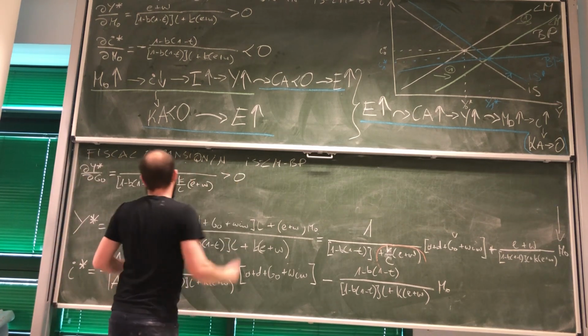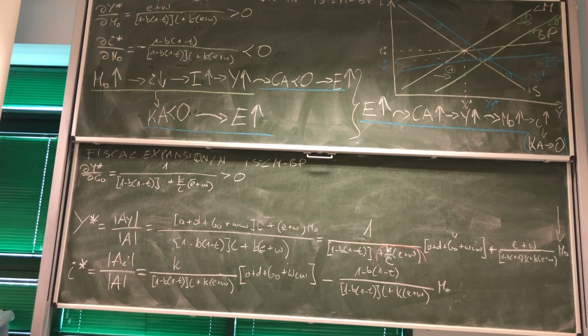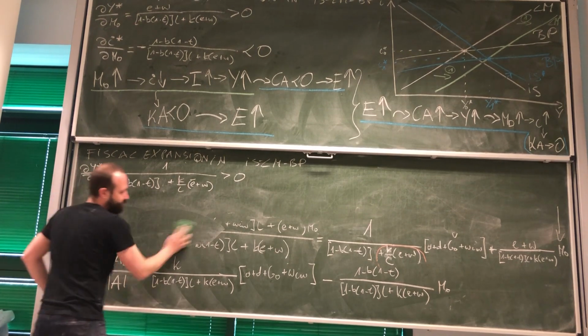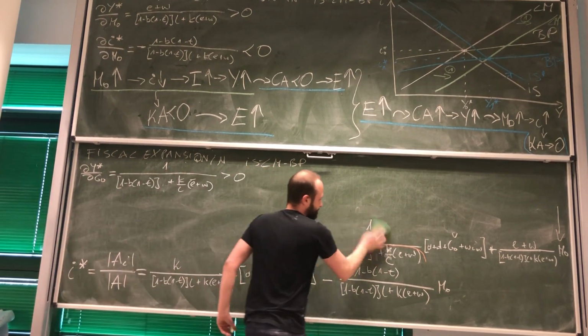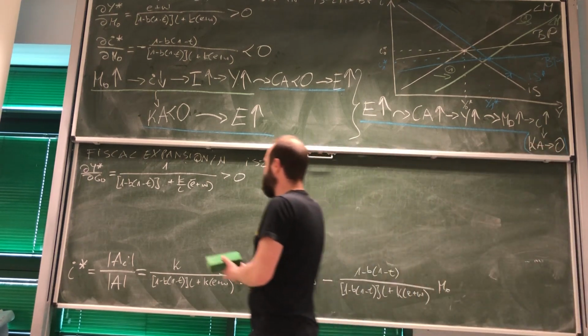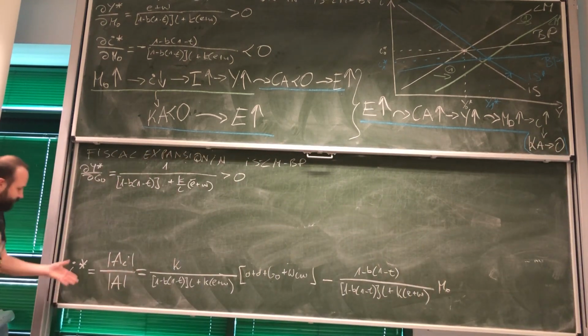Okay, and we know that in this expression everything here is positive, it's clearly bigger than 0. Okay, we will no longer need this, but we will need more space on the blackboard. Okay, so let me now just calculate the comparative static derivative.